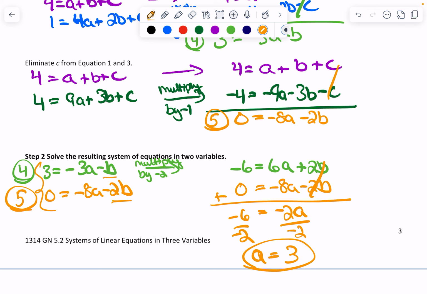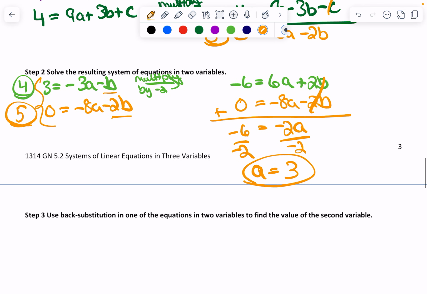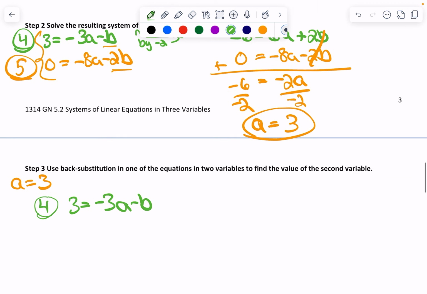Now we're going to use back substitution in one of the equations in two variables to find the value of the second variable. We know that a equals 3. So we could take, for example, equation 4, 3 equals -3a minus b, and plug in a.